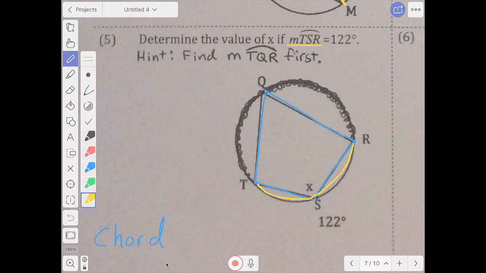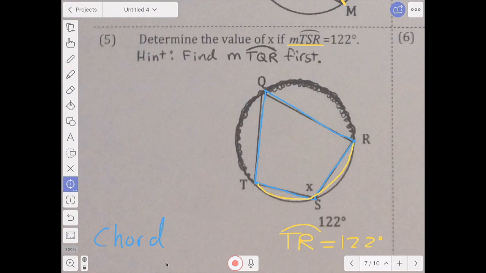Sometimes when you measure an arc or describe an arc, you want to use 3 letters. Notice if they just called it TR, if they told me that arc TR was 122 degrees, I wouldn't be 100% positive that they meant from T to R this way or from T to R this way.